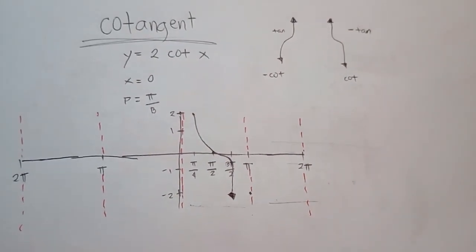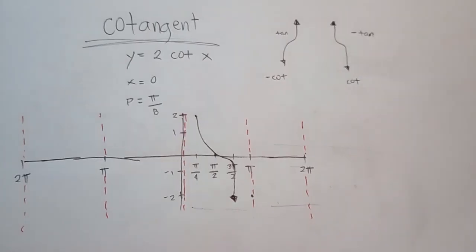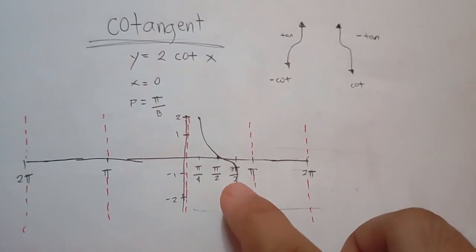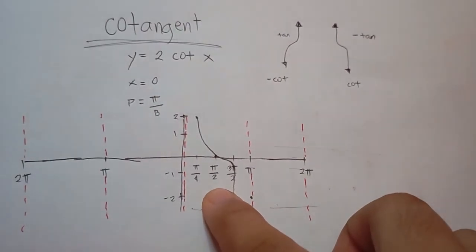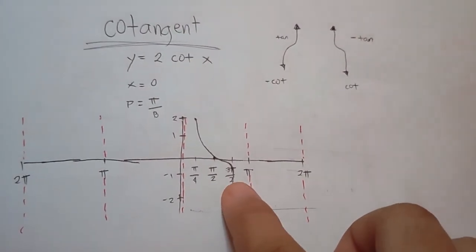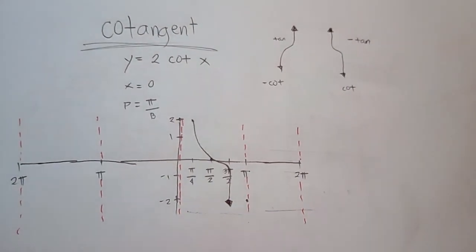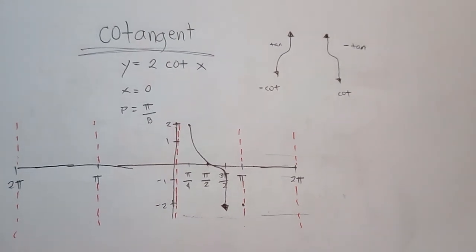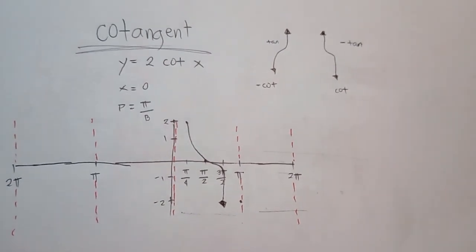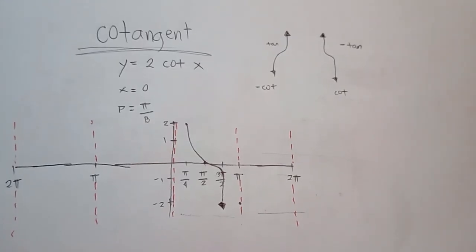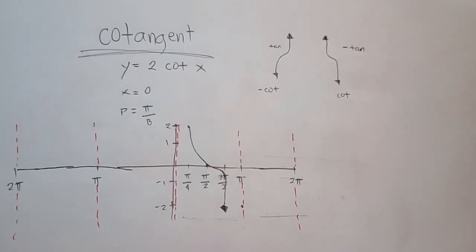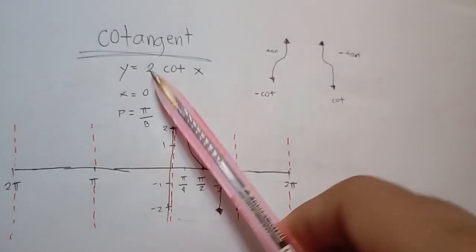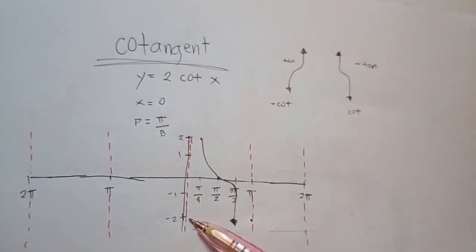Between 0 and pi over 2 we have pi over 4, and between pi over 2 and pi, it's 3 pi over 2. Now in the middle at pi over 2, cotangent will be 0. At 3 pi over 2, typically it would normally be at a value of 1, but because we have 2 in front, it's vertically stretched by 2 units.